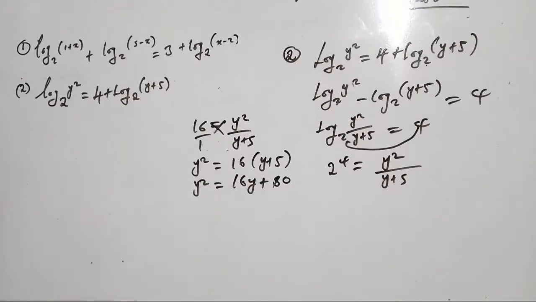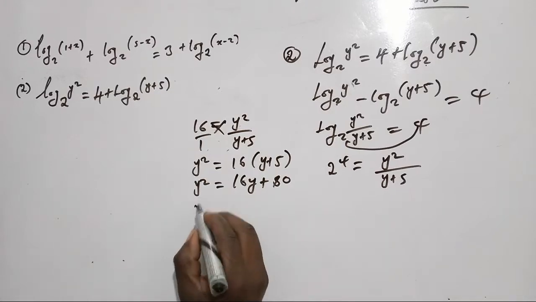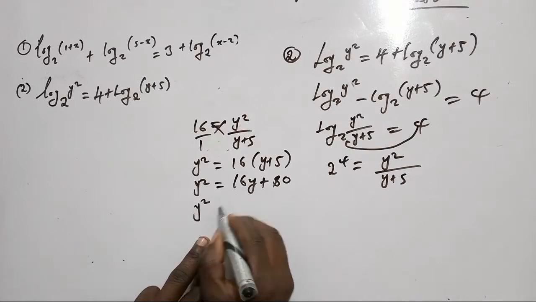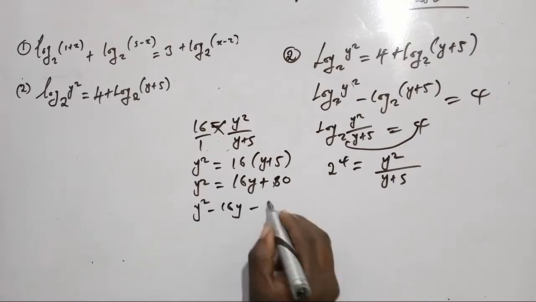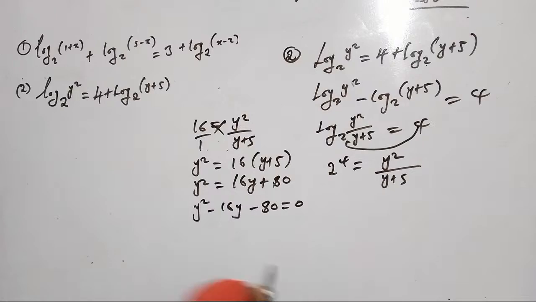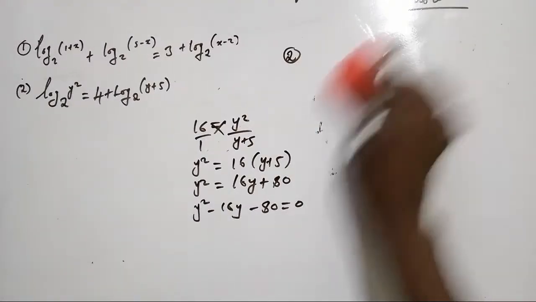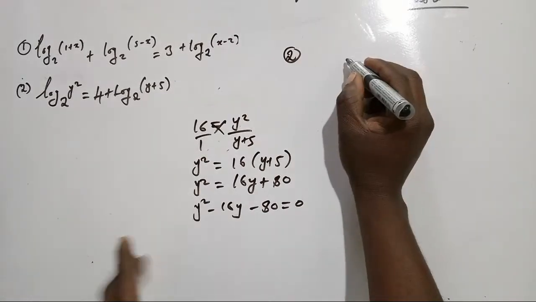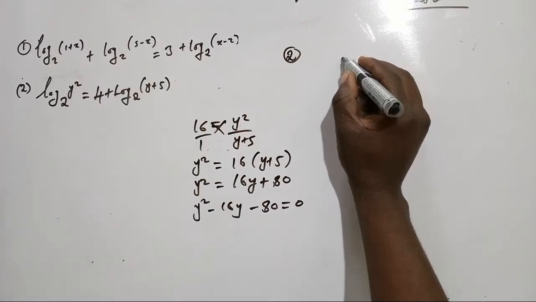If you reach here, this is a kind of quadratic equation. So you're going to say y squared, when 16 crosses the equal sign to be minus 16y, then positive 80 to be minus 80, equals 0. And this is a quadratic equation also. So we are going to solve this quadratic equation using factorization. If you want, you can use the formula, but me, I'm using factorization.